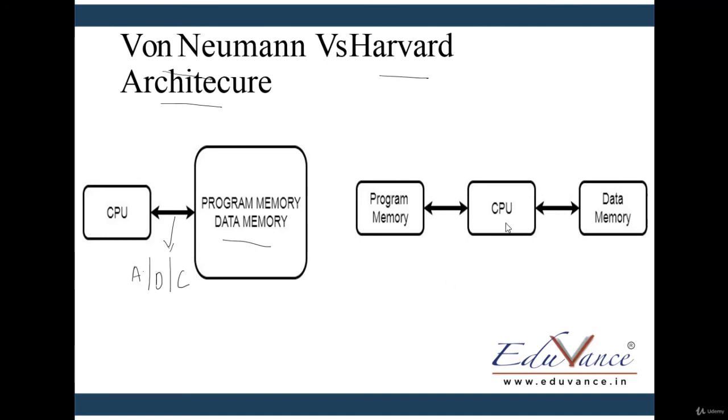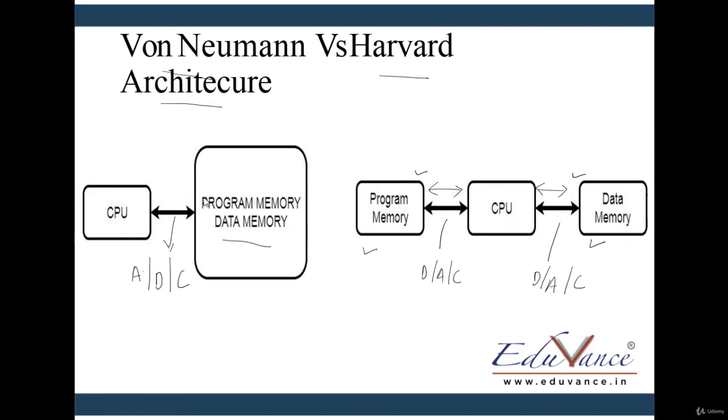Now in the case of Harvard architecture, we have separate program memory and data memory. So the CPU will have a separate data, address and control line for the data memory, and a separate data, address and control line for the program memory. Now because of this, you can fetch the program and data memory simultaneously.